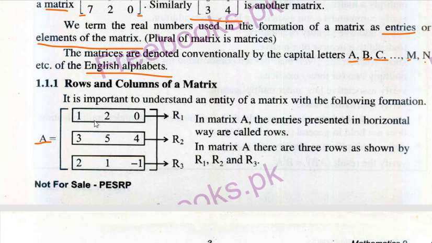This matrix A has 3 rows: R1, R2, R3. How many rows are there? 3 rows. In a matrix, the entries presented in a horizontal way are rows, and in matrix A, there are 3 rows as shown by R1, R2 and R3.